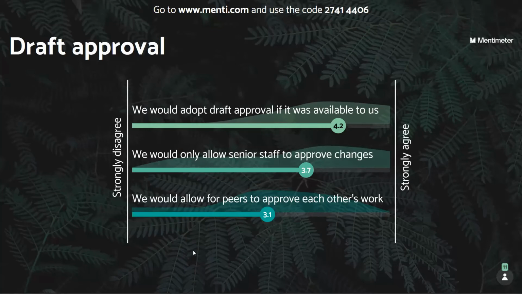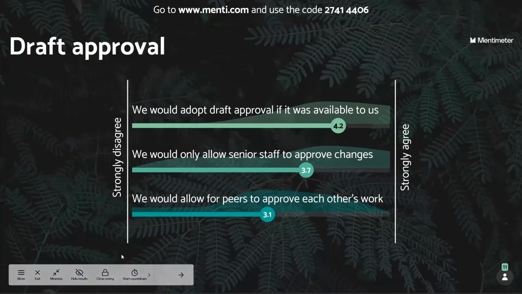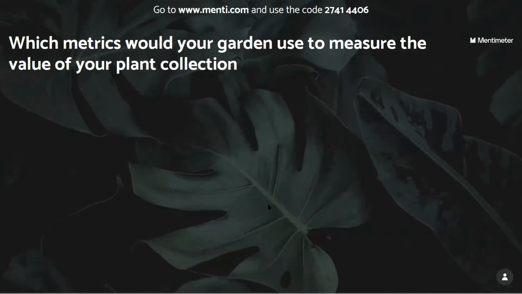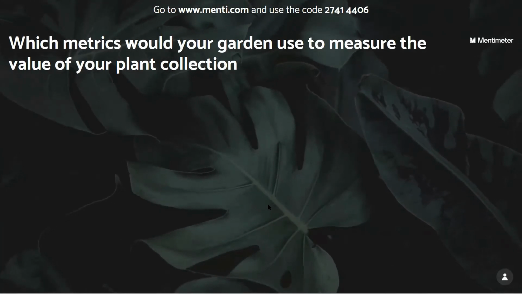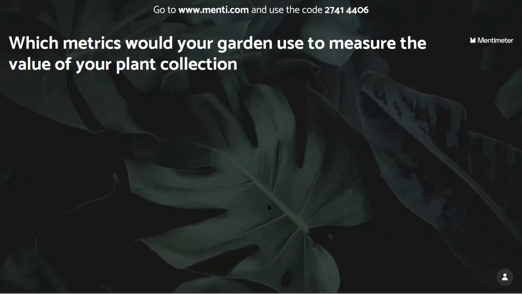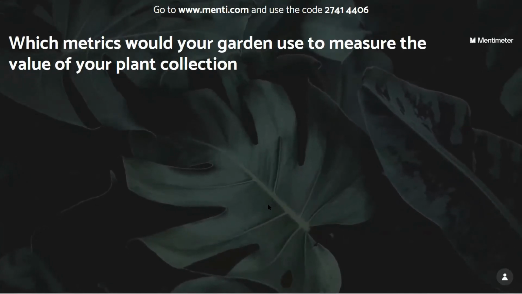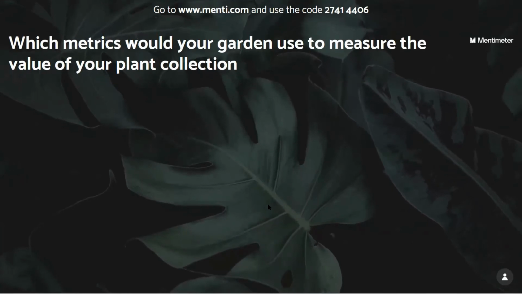Okay, let's go for the next one, I'm just trying to go to the next slide here. So that is to your point, Shari, looking at a bit more, what metrics do you think you would use if you could measure your collection with the values?